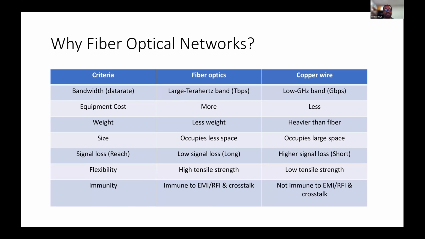So the reachability increases to hundreds of kilometers as compared to copper wire networks, and flexibility and immunity with respect to electromagnetic interference. The one disadvantage that fiber optical networks still have is the high equipment cost, which will eventually come down as the networking technologies mature.